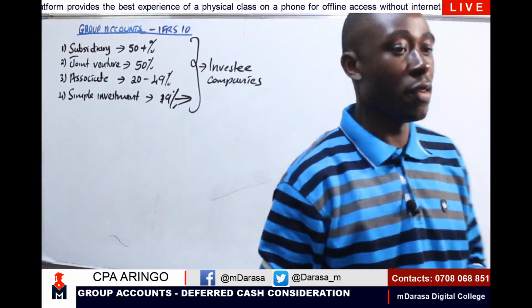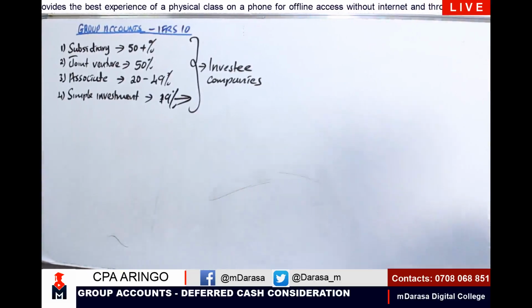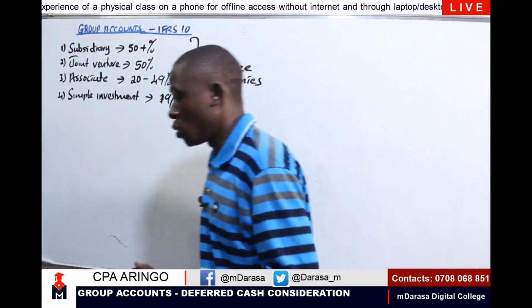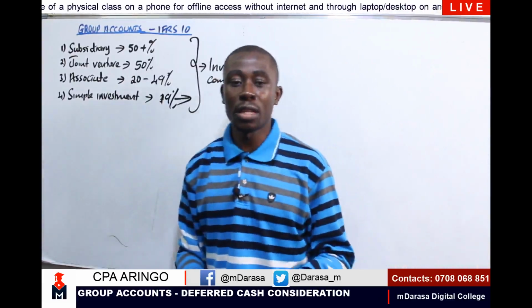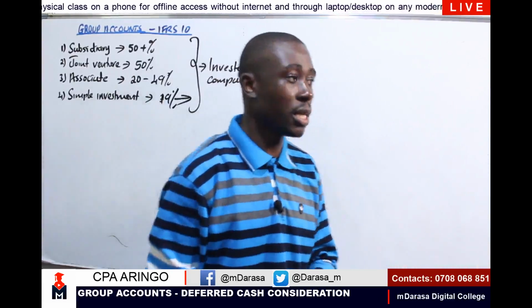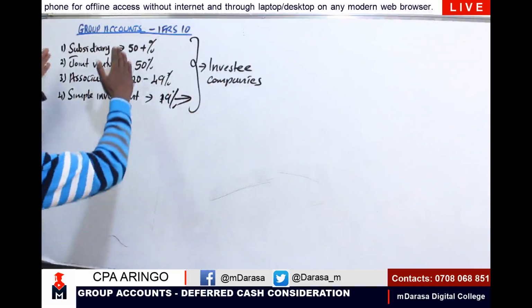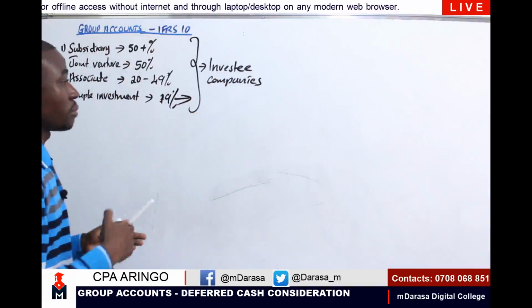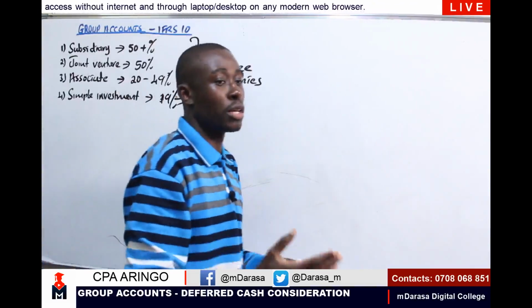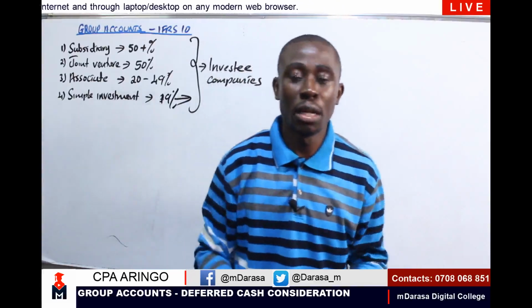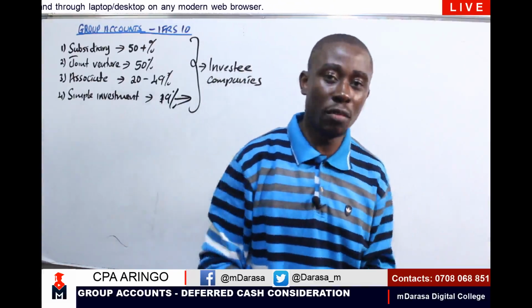Very key concept. The concept I want us to discuss today is method of acquisition. A company can be acquired, and these investee companies are being acquired by the parent company, the holding company, the mother of all these investee companies.